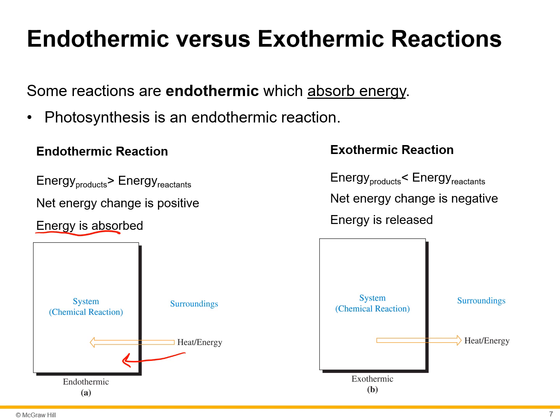And conversely, as we've talked about in the previous slide, an exothermic reaction is a release of energy. For instance, if you're making ice, going from water to ice, the energy of the products will be less than the energy of the reactants. Again, exothermic means energy is released.